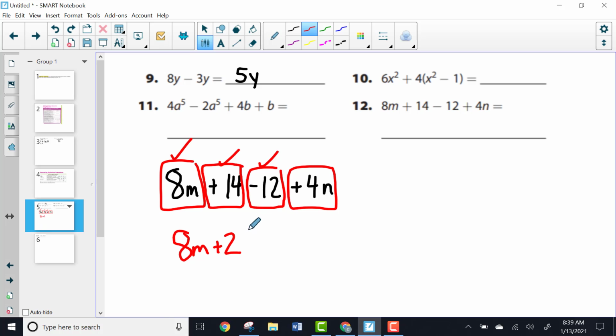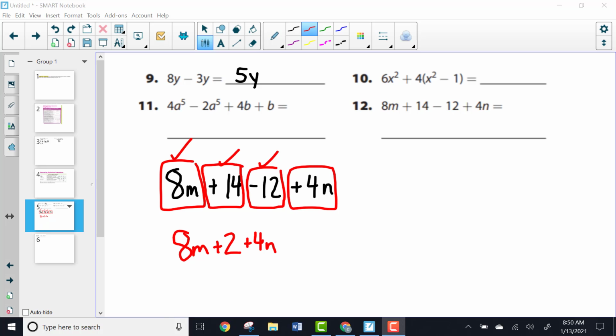There's nothing to combine it with, so we will just write it underneath here. So we have 8m plus 2 plus 4n as the equivalent expression to 8m plus 14 minus 12 plus 4n. That's how you use the different properties and understand that even though the expressions look different, they are still equivalent.